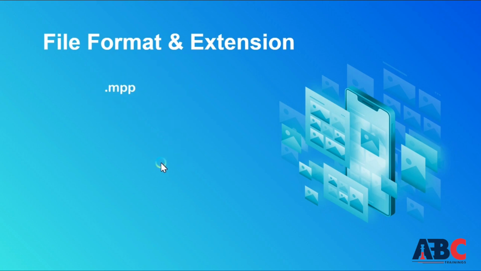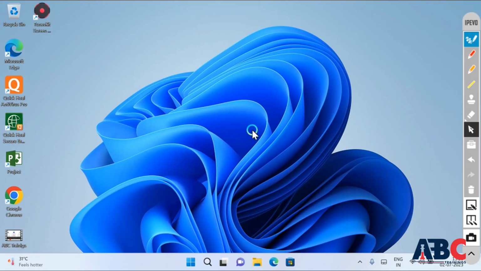.mpp means Microsoft Project. When you save any file from MSP software, it will be in this format. Now, the MS Project GUI, which we also call the Graphical User Interface.